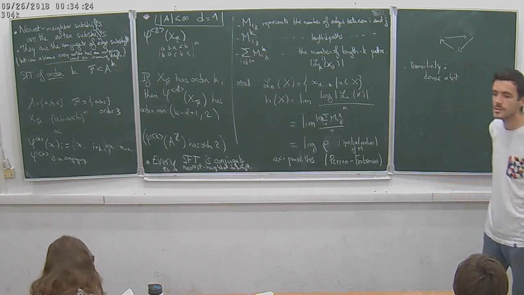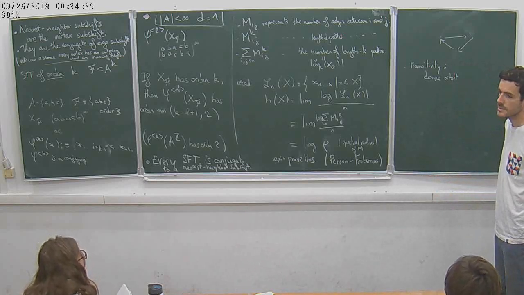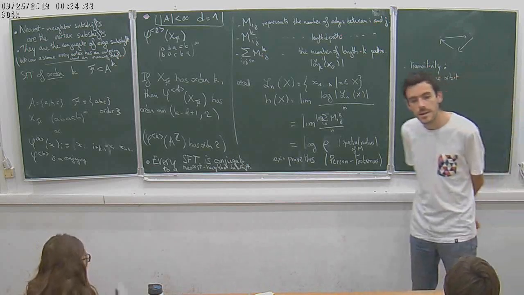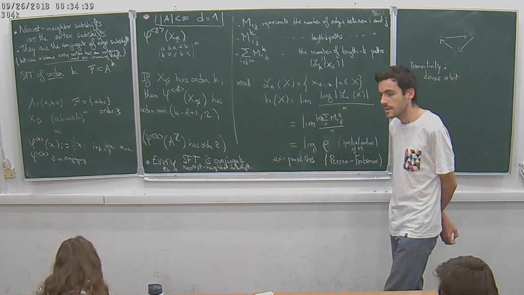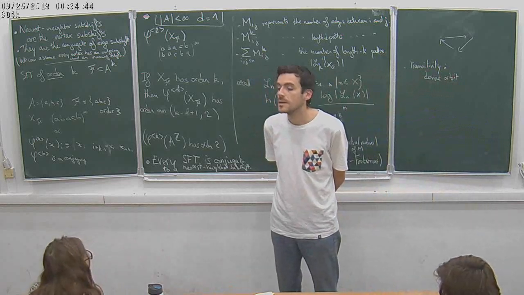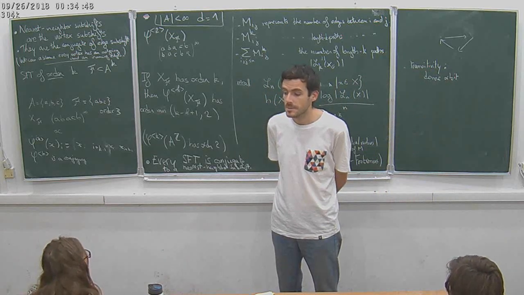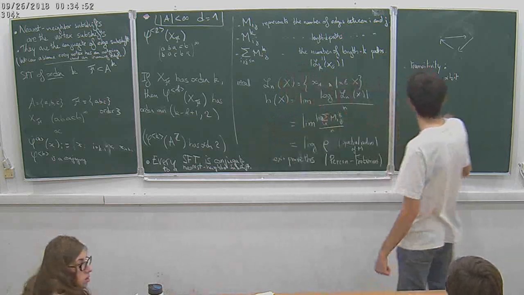What does it mean to have a dense orbit in a subshift? Every finite pattern appears in one single configuration.